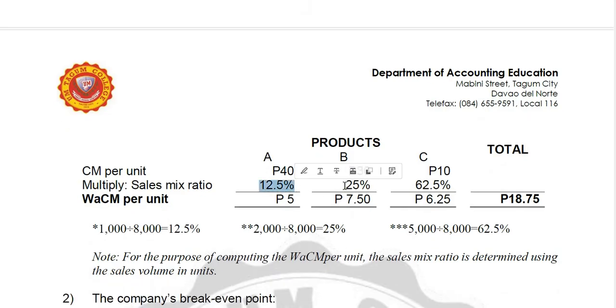12.5, 25, and 62.5. So, yung sum ng bawat isang product na to, that comprise your weighted average contribution margin per unit, which is 18.75. So, for the purpose of computing the weighted average contribution margin per unit, the sales mix ratio is determined using the sales volume.